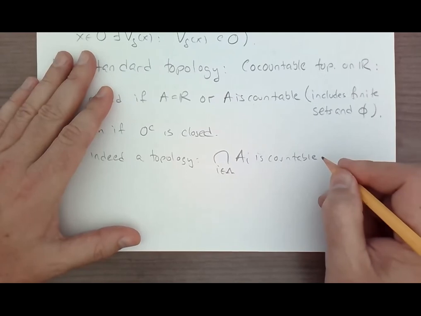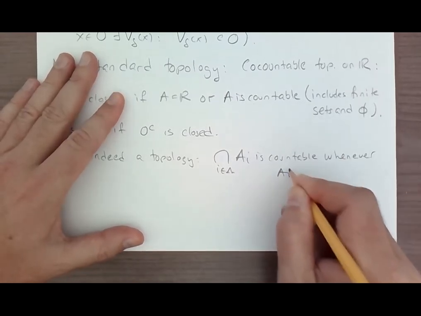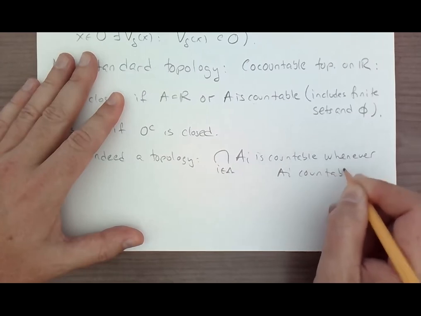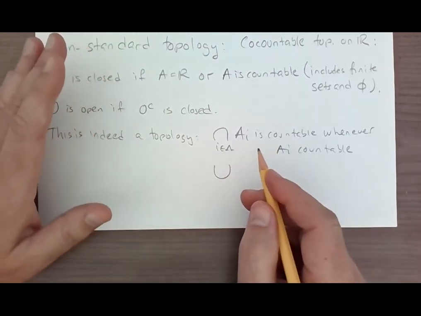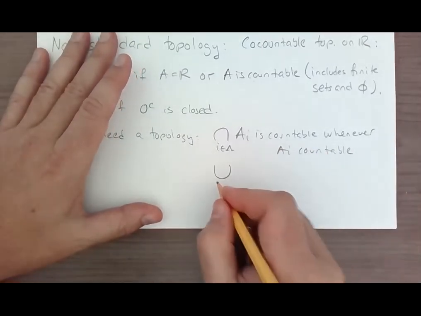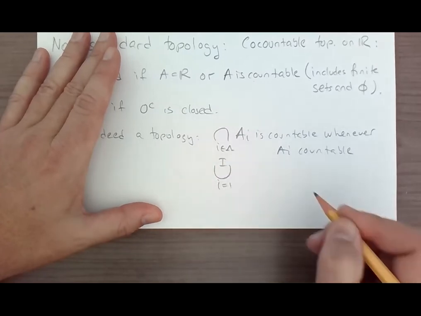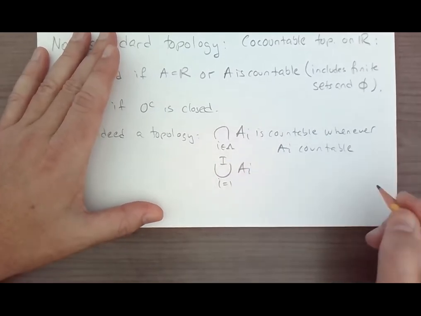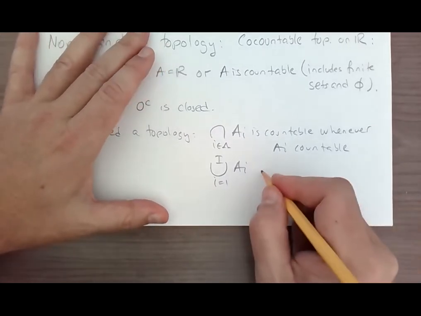This is countable whenever some A_i is countable. And likewise, if we take unions, we only have to do finite unions of closed sets. So we take a finite union of the A_i. A finite union of countable sets is going to be countable.